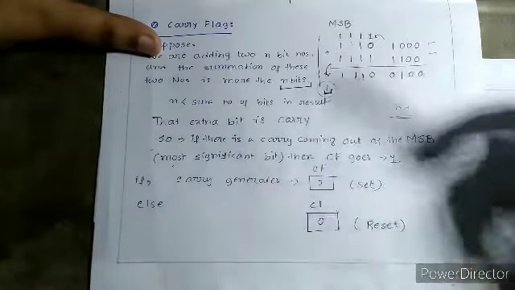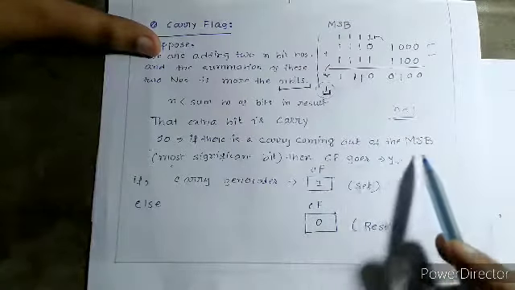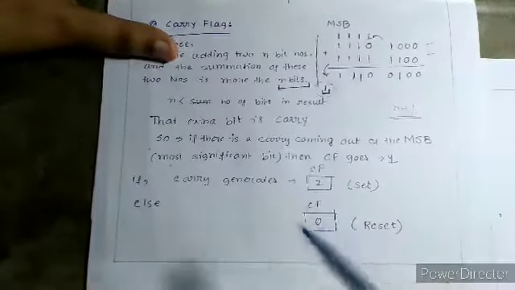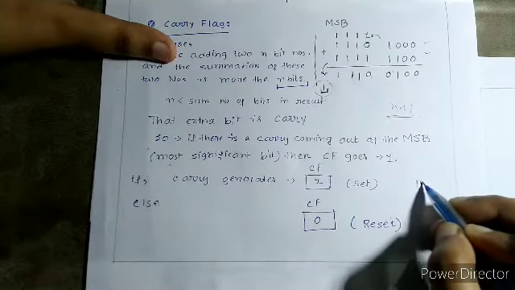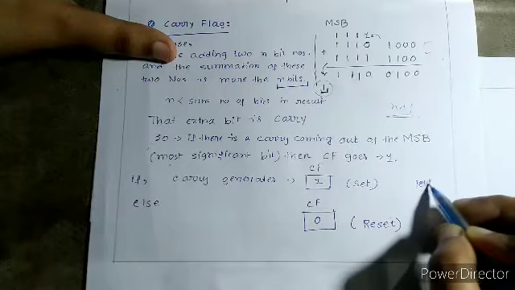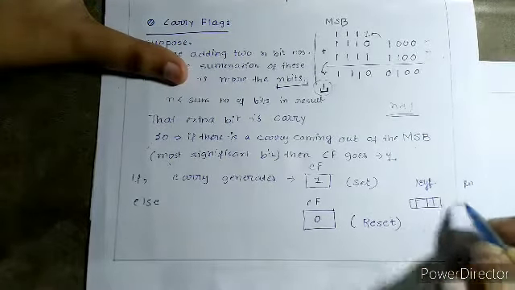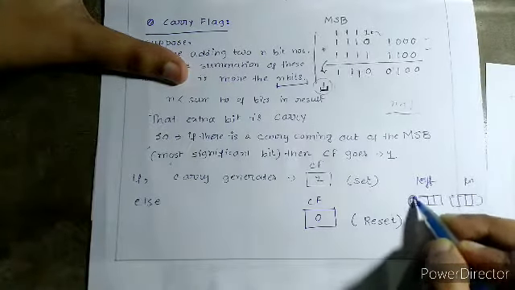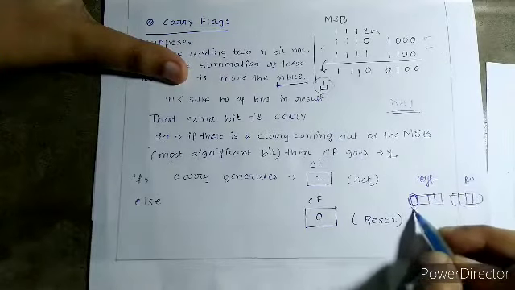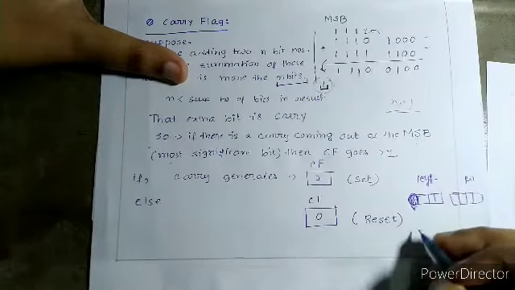If after performing an operation a carry is generated from the MSB, the most significant bit, you know that this is considered the left side and this is the right side. If you have written some number, the bit at the leftmost side is called the MSB.